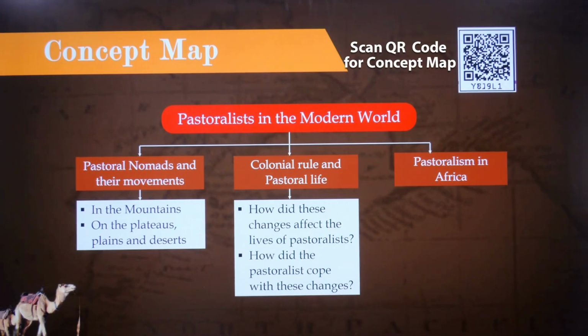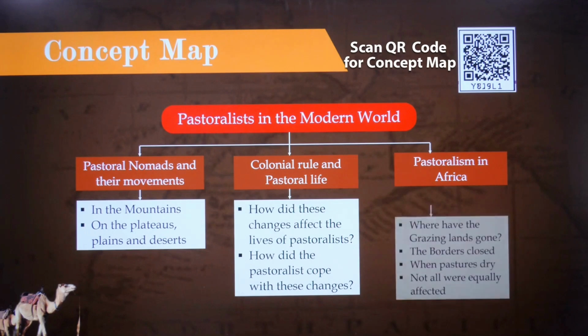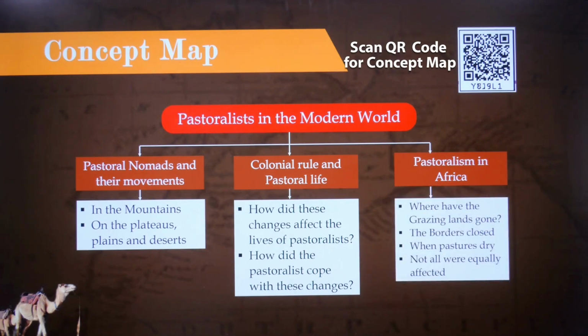And the third major concept, we study about where have the grazing lands gone, the border closes, when pastures dry, not all were equally affected. These are the sub-concepts under pastoralism in Africa. This is second component, concept map.